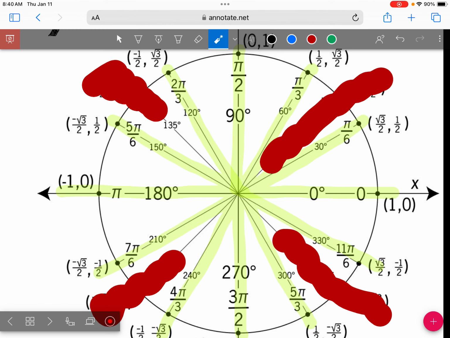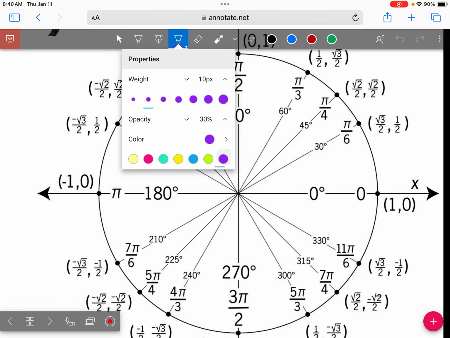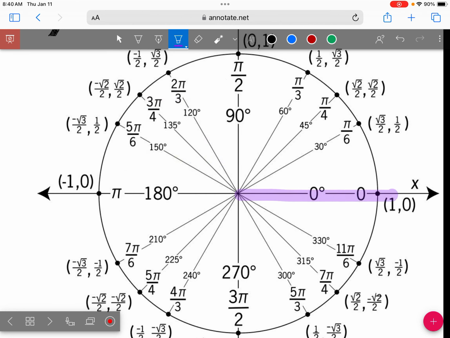Okay, now when I'm thinking about the 45s, the ones that I ignored, what do you think I'm counting by this time? I'm not counting by 6. I heard somebody say 4.